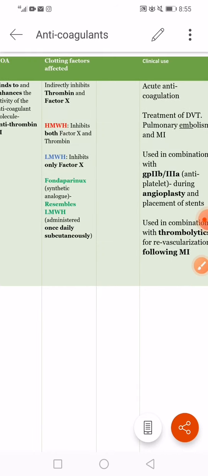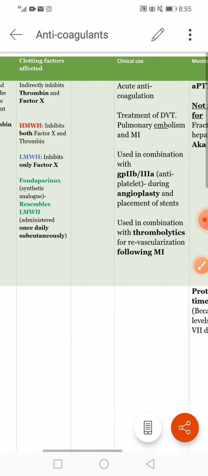The point to remember is that this synthetic analog has once daily dosing, so it is good as far as compliance is concerned.